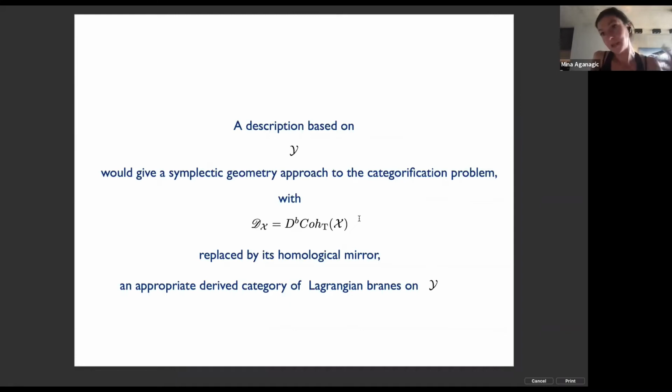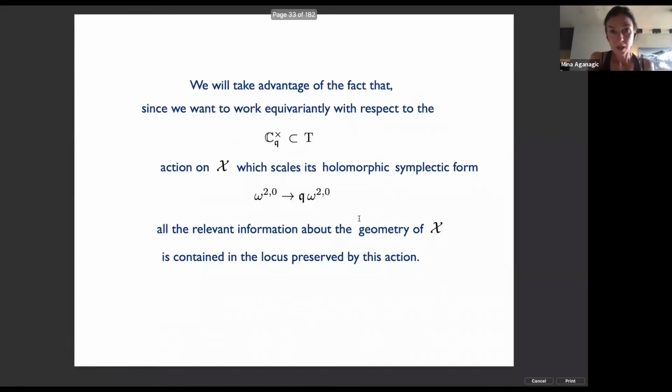This should give us something equivalent to what we essentially already have. We'll do something different. We'll take advantage of the fact that because we're working equivariantly with respect to the C-star action on X that scales this holomorphic symplectic form, all the relevant information about the geometry of X is contained in the locus preserved by this action.